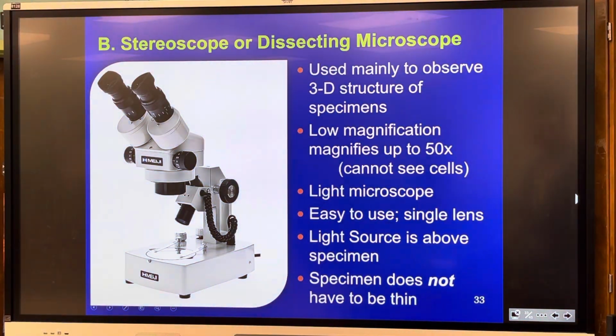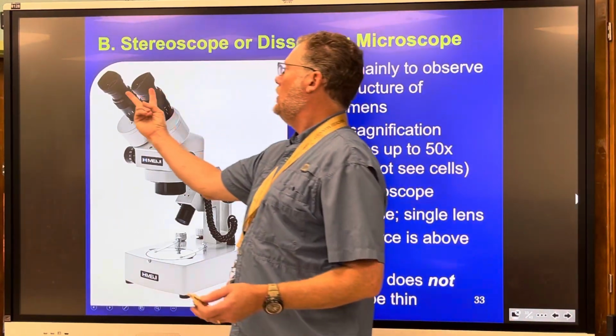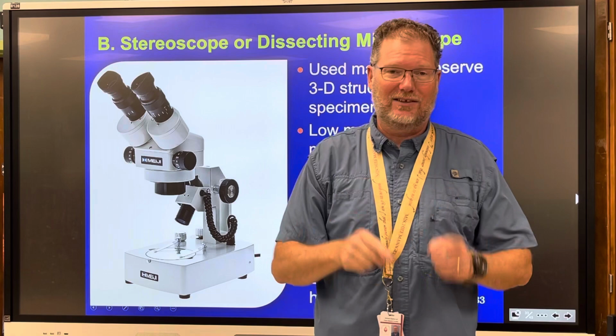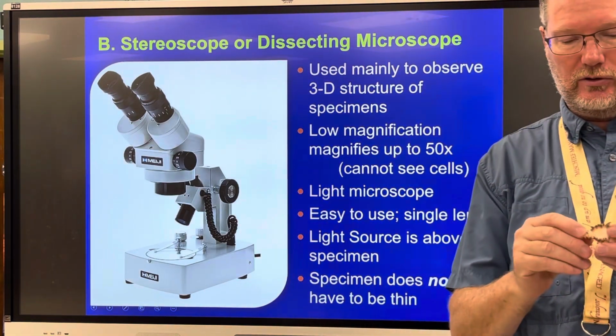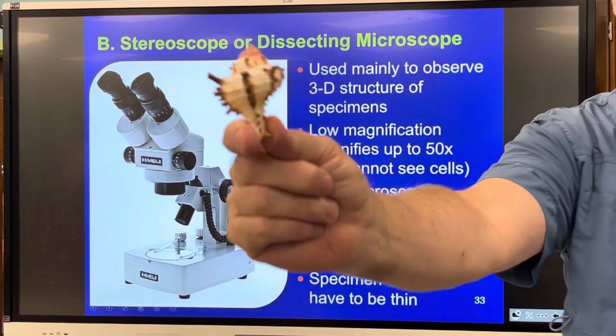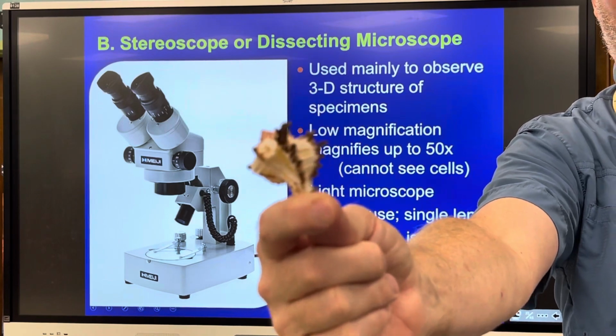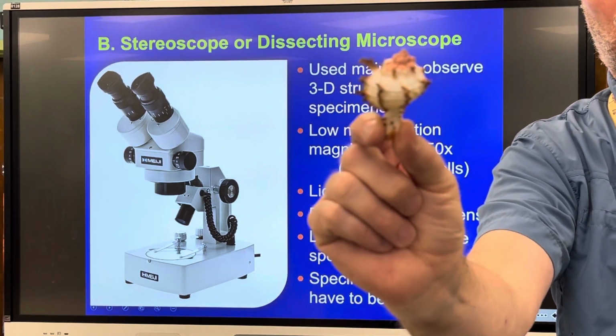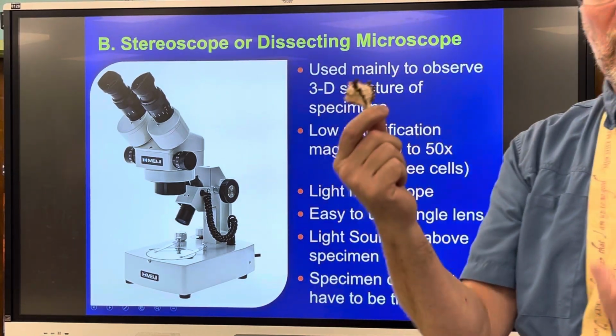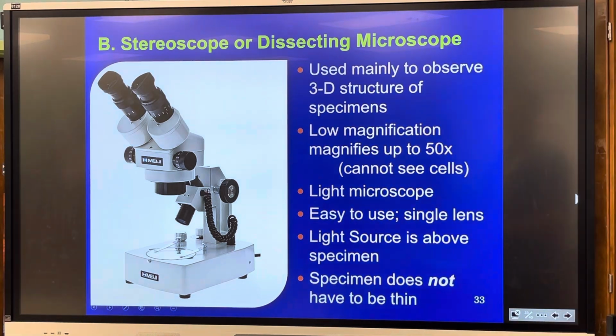All right, the second type of microscope there on page 33, slide 33, is a dissecting microscope or stereoscope. Stereo meaning it has two, so you can look with both eyes, like a binoculars almost. And then you'd be able to look at something like this under this kind of microscope, or other types of objects large like this.